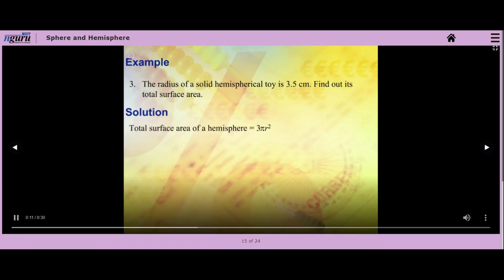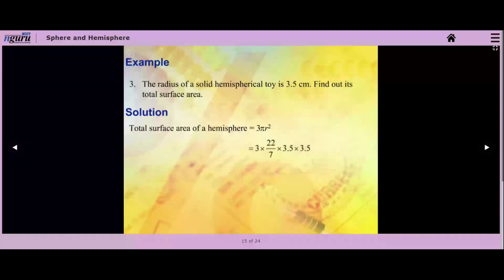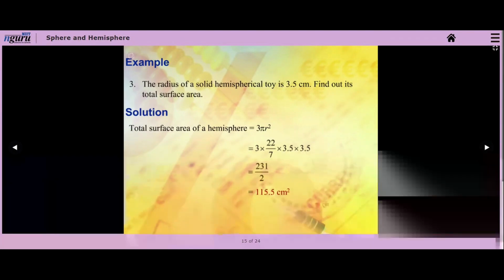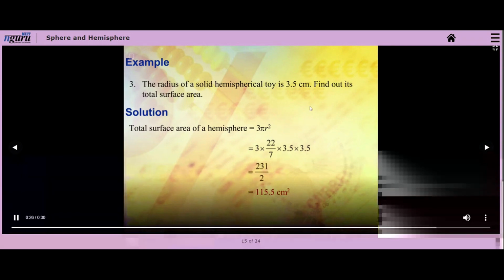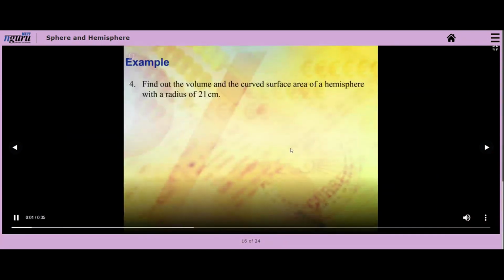Okay. The total surface area of a hemisphere is given by 3 pi r square. In the formula, put the value of r as 3.5. The total surface area is equal to 115.5 square centimeters.